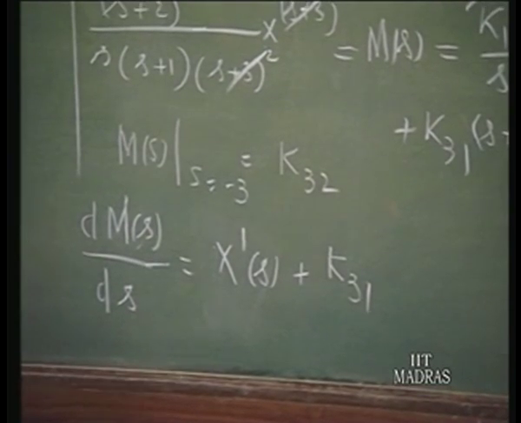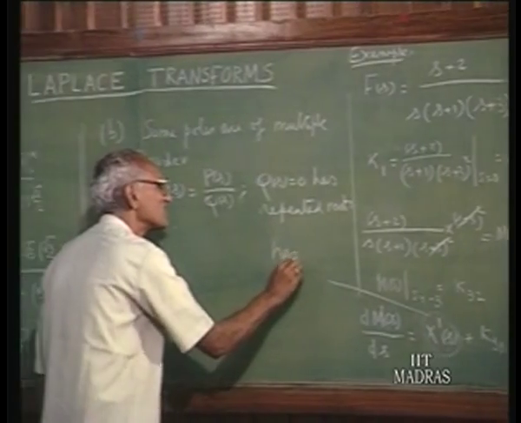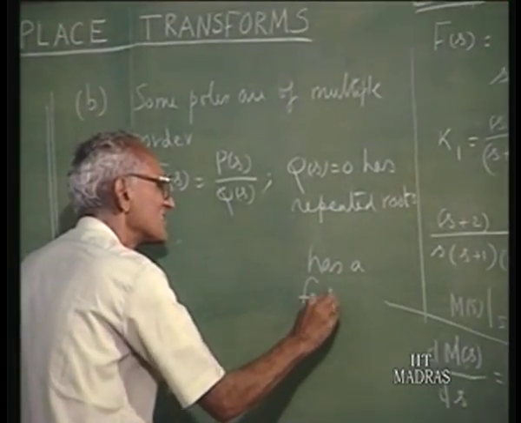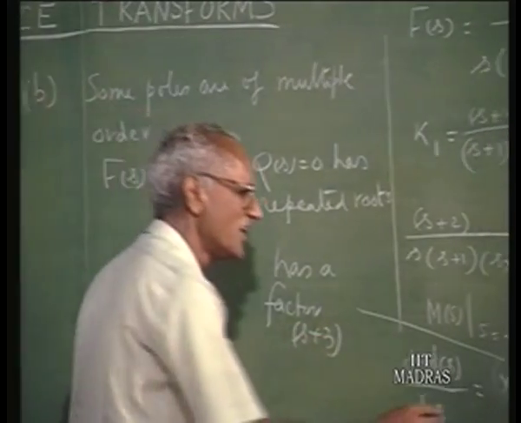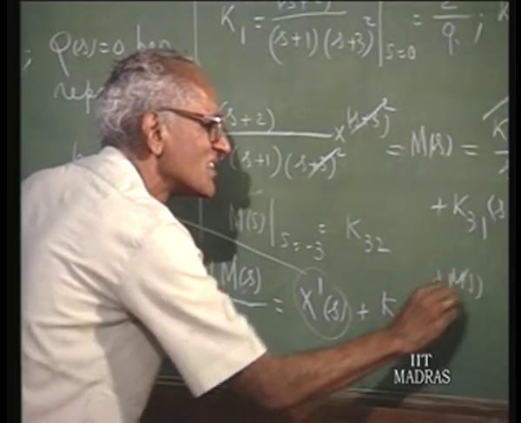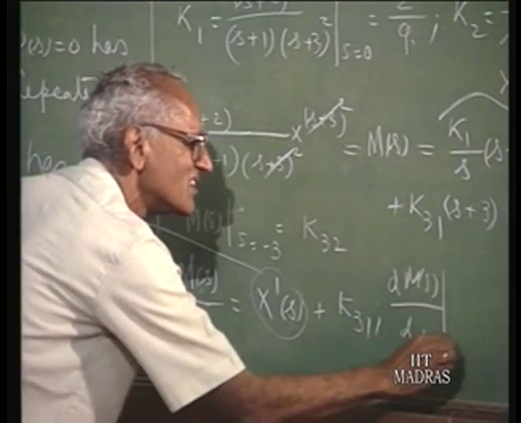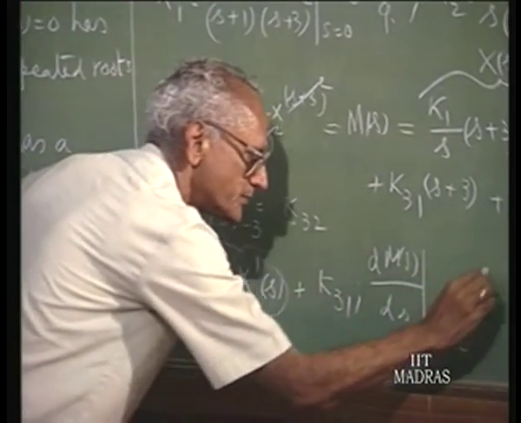And now x prime of s has a factor (s plus 3). Therefore, when you substitute dm/ds at s equals minus 3, that will give me k31.